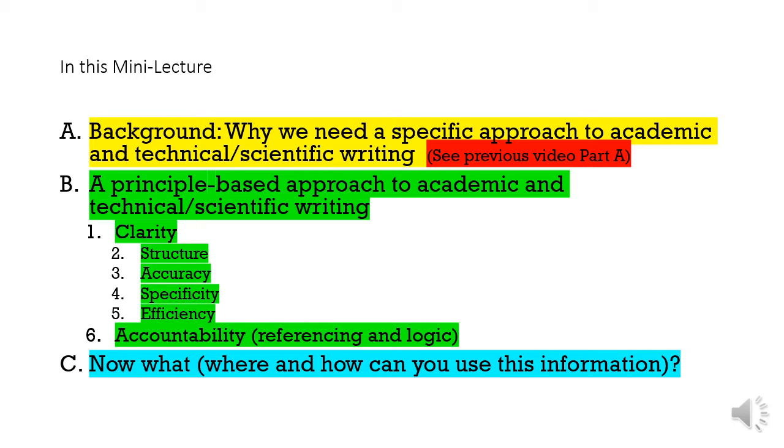Are your nouns specific or vague? Person versus client or student, or Griffith College student in 1020 QBT semester 2. Now that's much more specific, isn't it? And efficiency. How many words are used to get to your point? These are all very, very important for clarity in academic, scientific and technical writing.